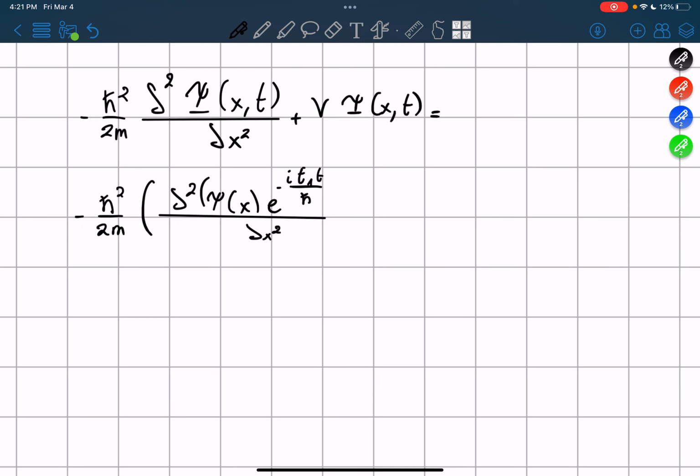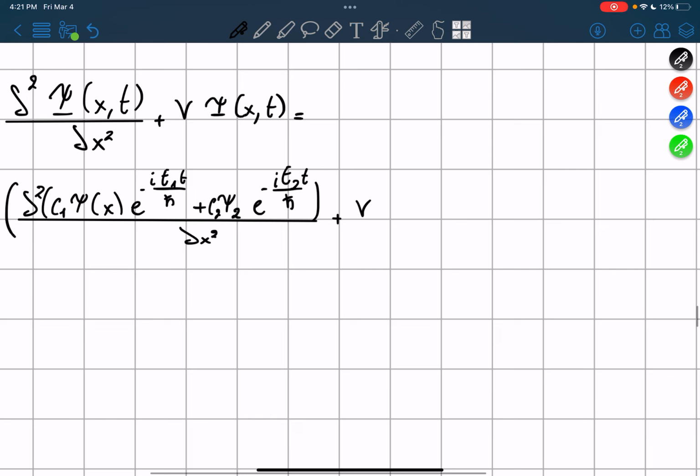And we said that the second part of our equation is, I forgot the c1 in front, c1 psi 1 and c2 psi 2 e to the power of negative i E2 t over h bar, and then the derivative in terms of x squared, plus our V, which is multiplying our little psi of x.